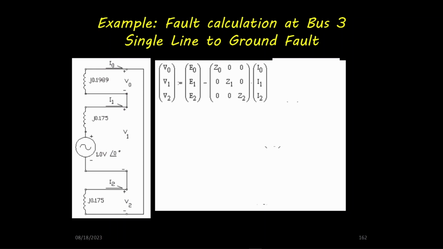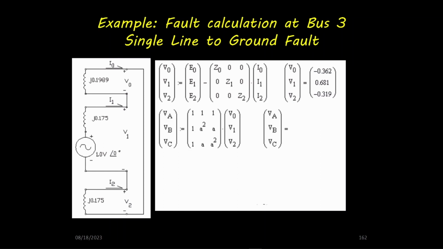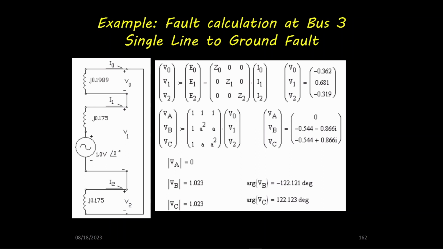Entering the sequence currents into the network equations, we calculate the sequence voltages. Entering the sequence voltages into the fundamental equation, we get the phase voltages. Notice the 2.3% voltage rise on the unfaulted phases.